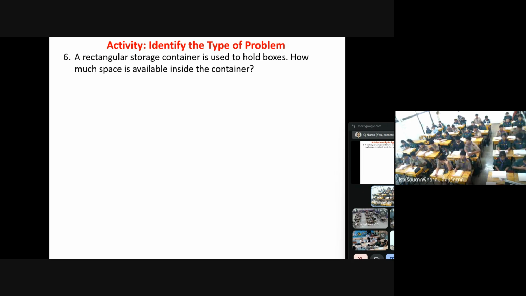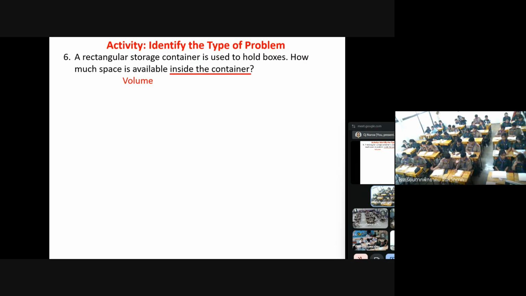A rectangular storage container is used to hold boxes. How much space is available inside the container? So what is this? Everyone, volume, surface area? What is the answer? Volume. Very good. What is the keyword? Inside the container, or inside.